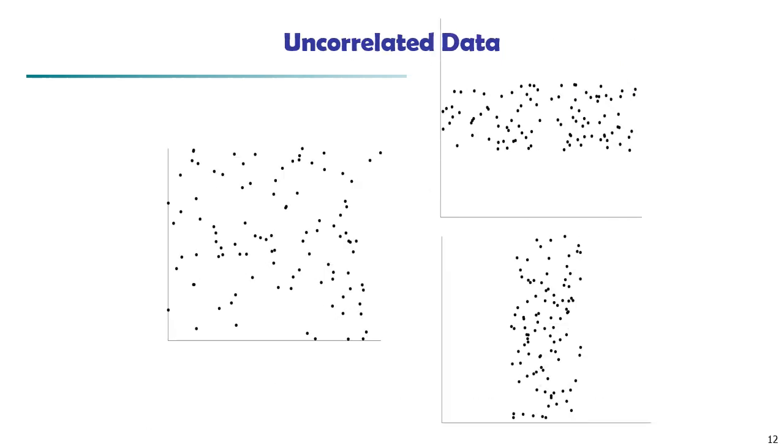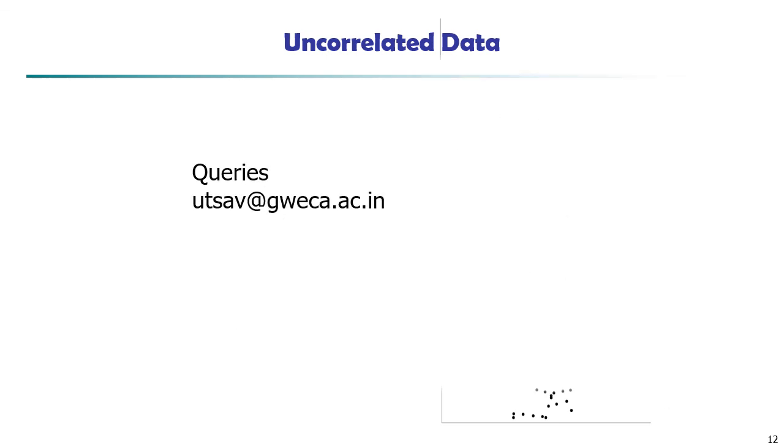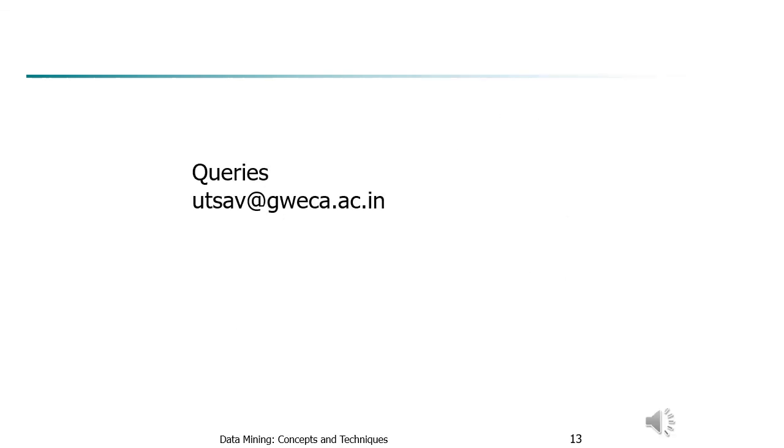Take another example of uncorrelated data. In this figure, you don't identify any relation between the variables, so what you can say is that these figures are representing uncorrelated data.